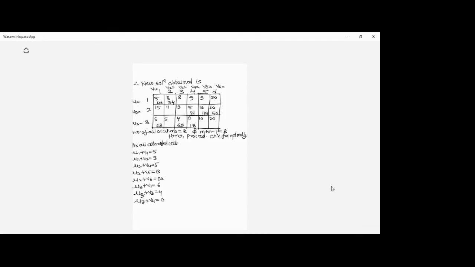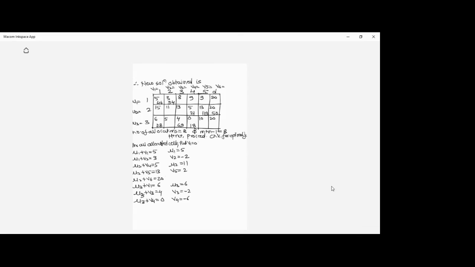Let's solve this. Put v1 is equal to 0. So if we put v1 is equal to 0, u1 is equal to 5. So if u1 is equal to 5, v2 is equal to 3 minus 5, that is minus 2, right? Similarly here u3 is equal to 6, v3 is equal to 4 minus 6, that is minus 2, u3 is 6, so v4 will be equal to minus 6. Similarly we can carry forward all this here. So v4 is minus 6, so here u2 will be equal to 11, right? u2 is 11, therefore v5 will be 2, right?